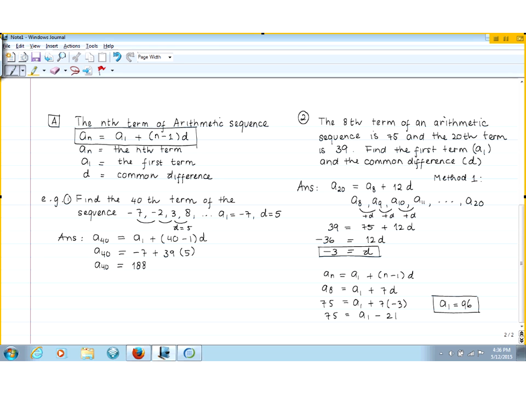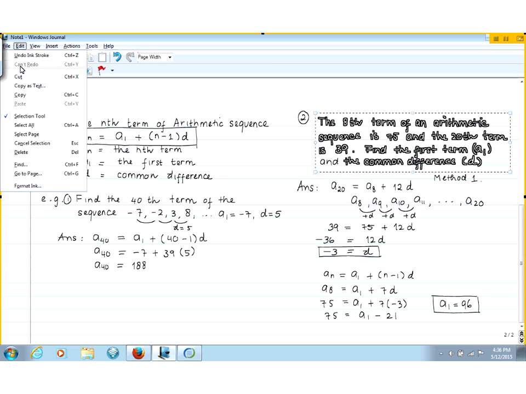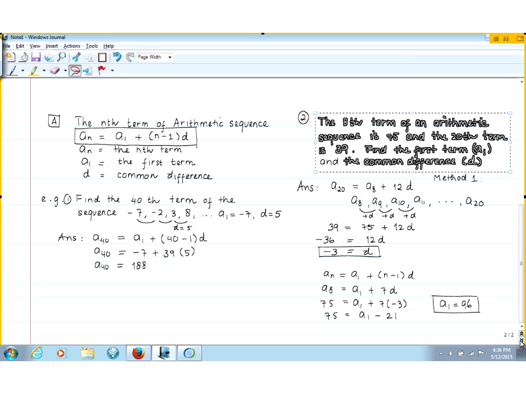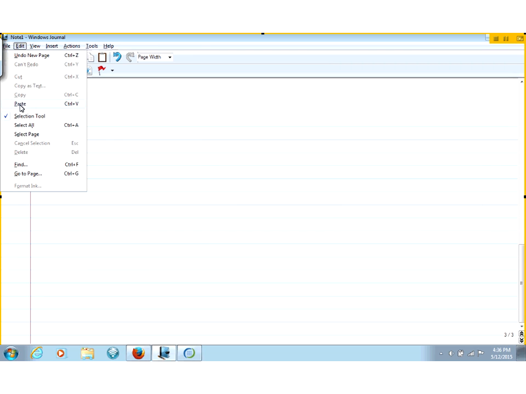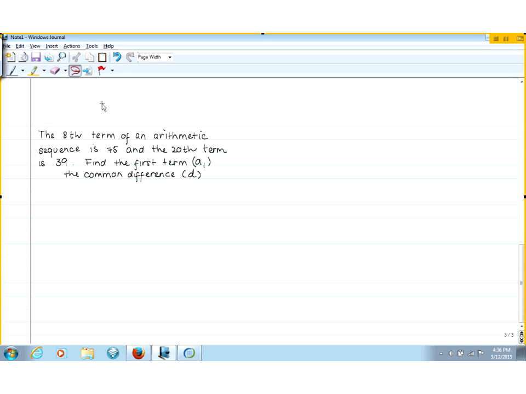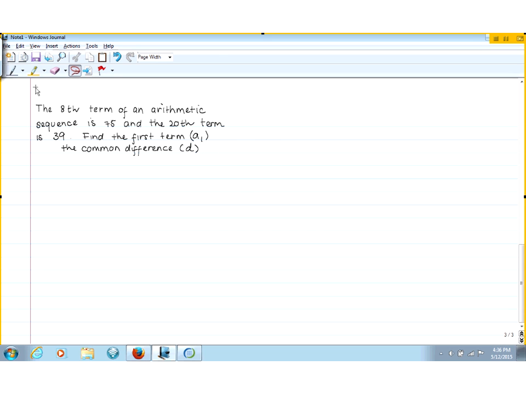So anyway, what is the other method? So this is method 1. So what is the other method? Now let me copy this part, and then we will copy to the next page so we could continue with the second method.